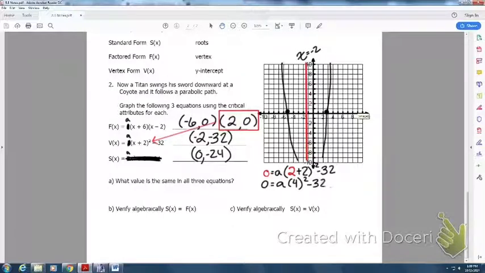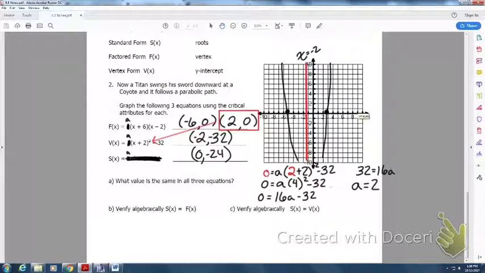What is 4 squared? 16. What would I need to do next to solve for a? Add 32 to the other side, and divide. And then 32 divided by 16 is what?